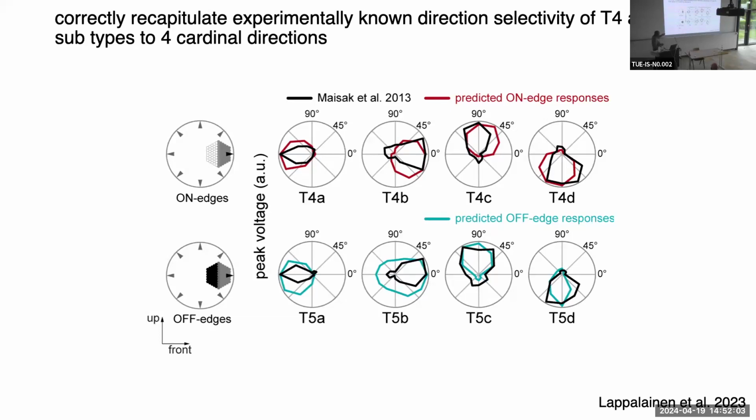What I'm showing you is the motion selectivity of T4 neurons to bright edges on dark backgrounds, and T5 neurons to dark edges on bright backgrounds. And not only are these neurons direction selective, they achieve the right direction selectivity.